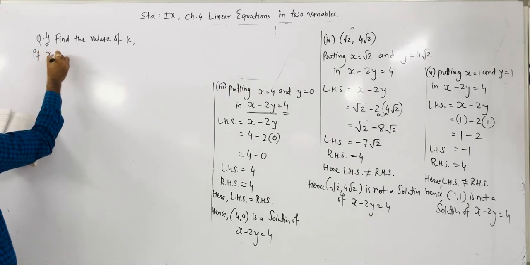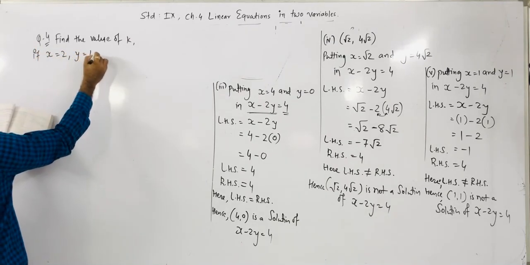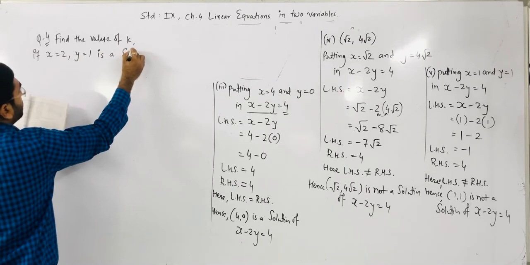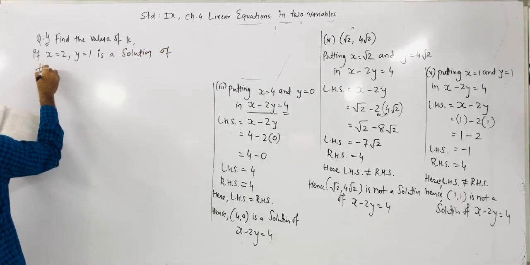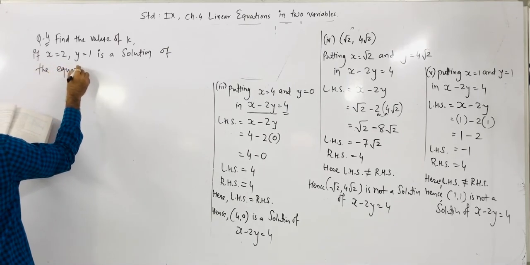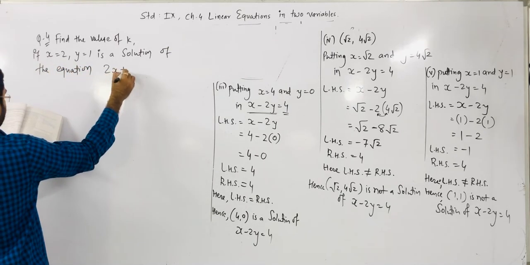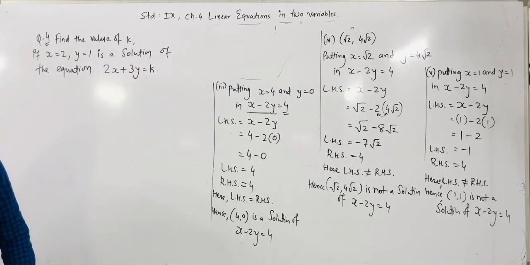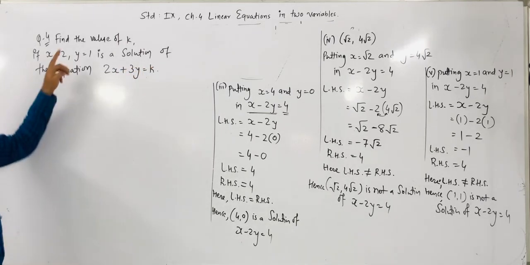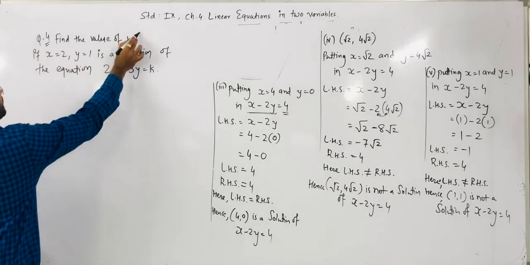If x is equal to 2, y is equal to 1 is a solution of the equation 2x plus 3y is equal to k. That is our question. We have to find out the k value.